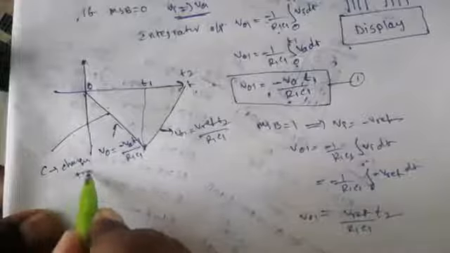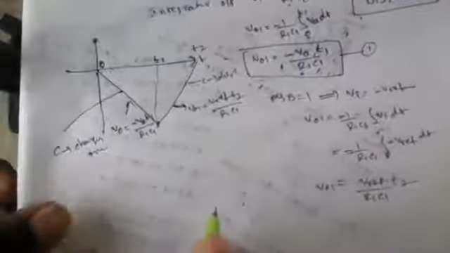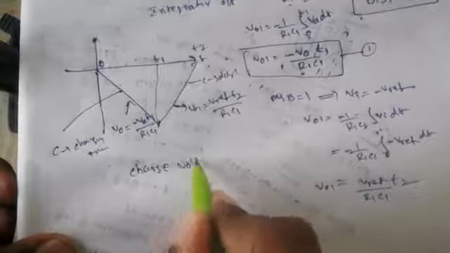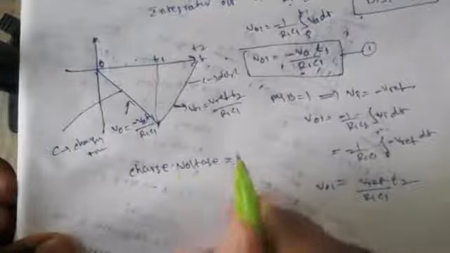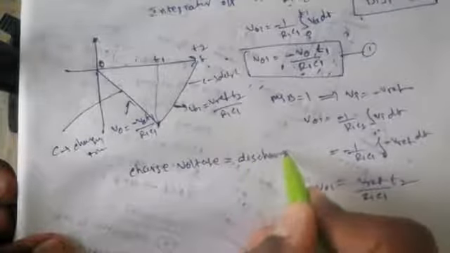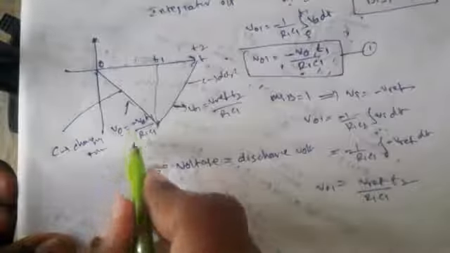This is the capacitor charging time. This one we denote as the capacitor discharging time. Now the charging voltage, how much it is charged, is equal to the discharge voltage. So you can consider this is the magnitude.